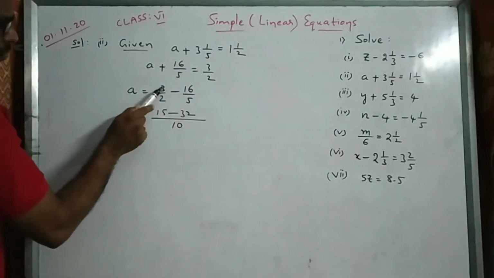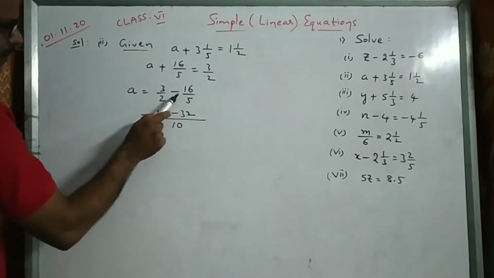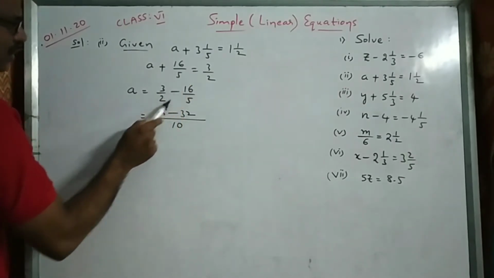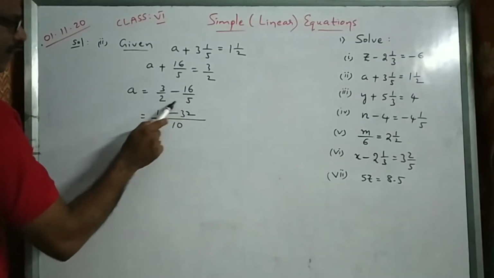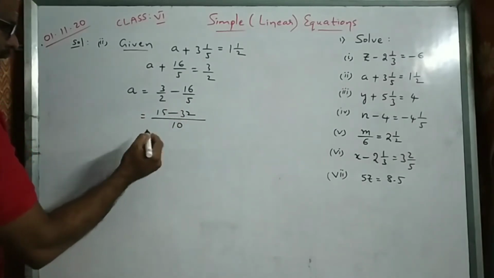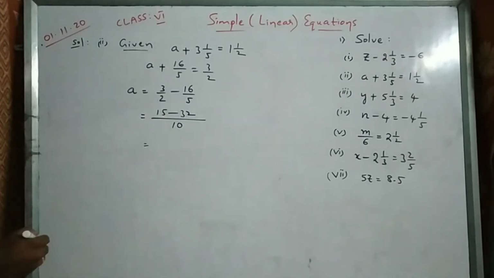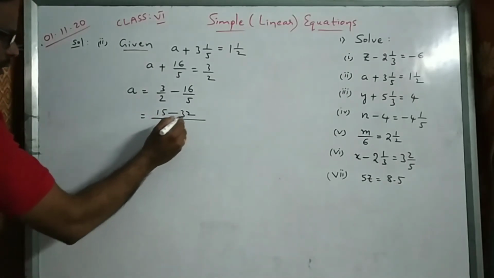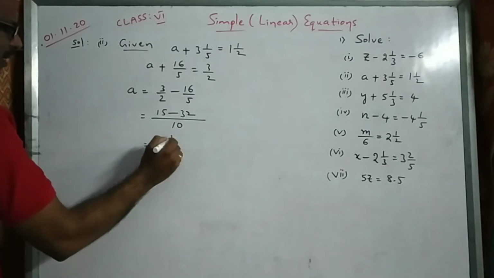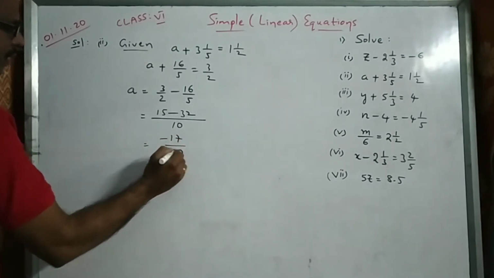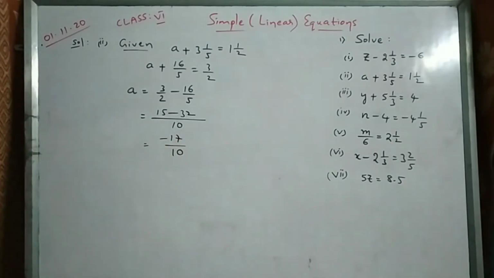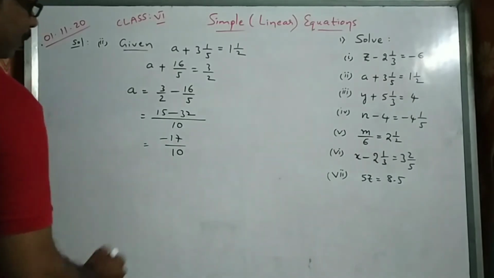Take LCM now. Now different symbols are there. So immediately what should you do? Subtract. So 32 minus 15, 17 upon 10. Clear?